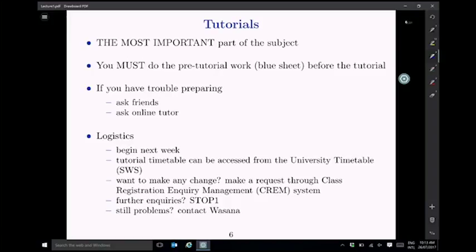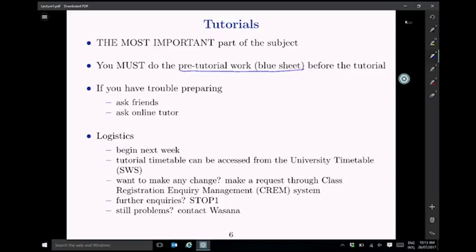Now, as we discuss tutorials, this is the most important part of our subject. We encourage you to try the pre-tutorial questions, the pink sheet questions, before tutorials, because tutors won't spend a lot of time on blue sheet questions. Although you will get the solution, it's better you try these questions before you see the solution, right?